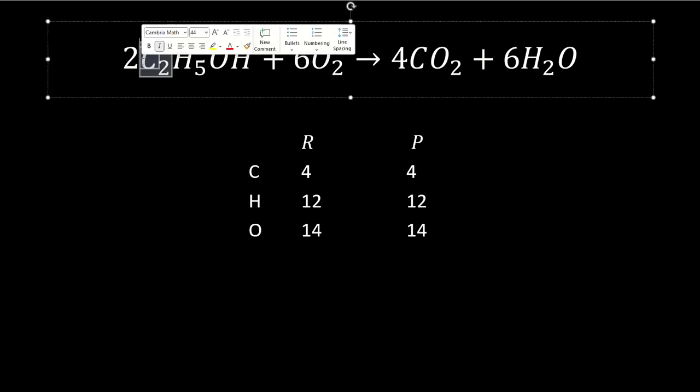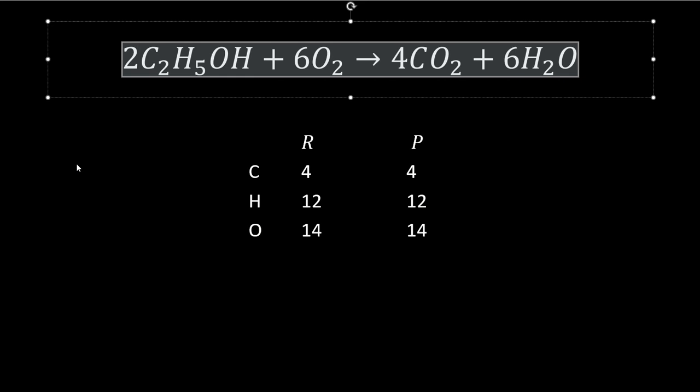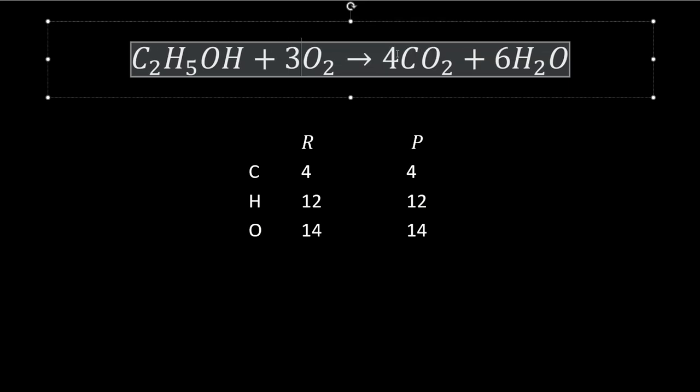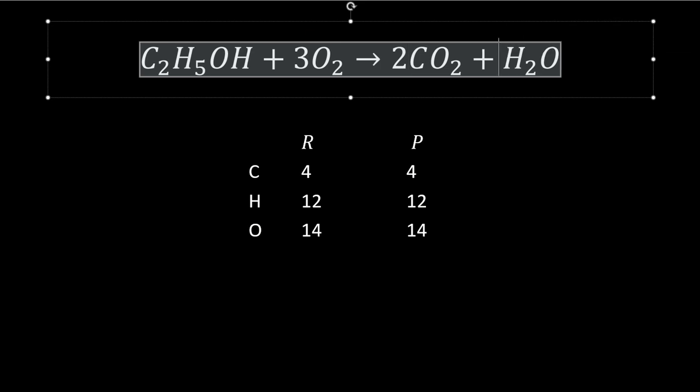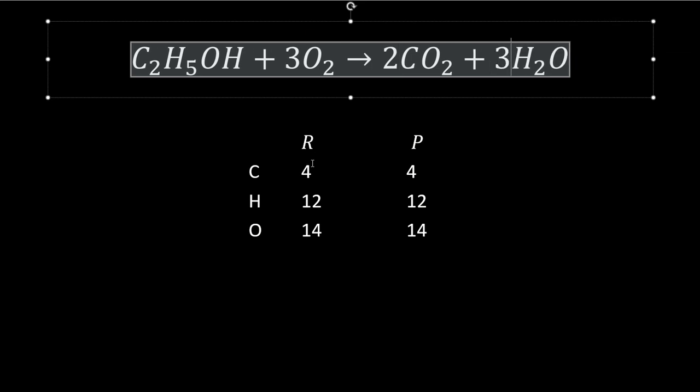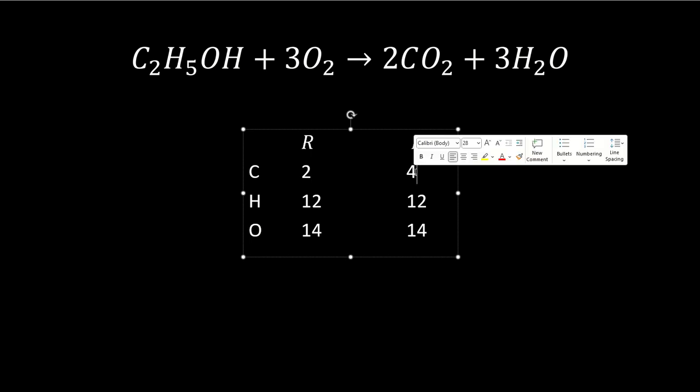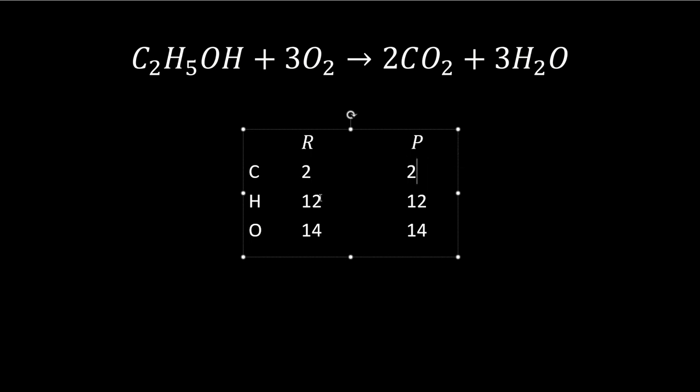Therefore, 2 divided by 2 would be 1, 6 divided by 2 would be 3, 4 divided by 2 would be 2, and 6 divided by 2 would be 3, which would get us to 2 carbons on both sides of our chemical equation, 6 hydrogen on both sides, and then again 7 oxygen.